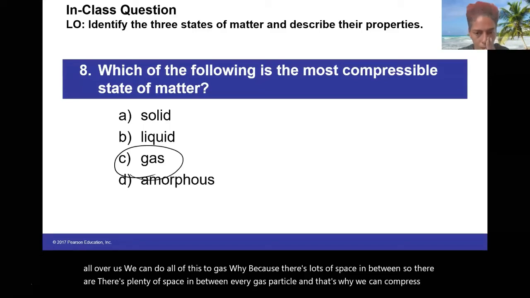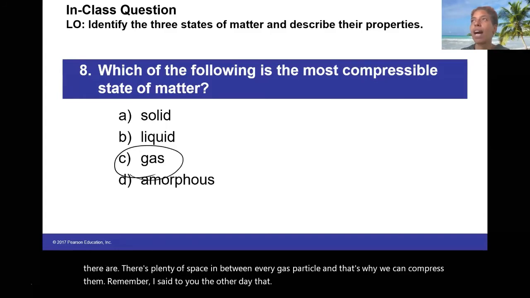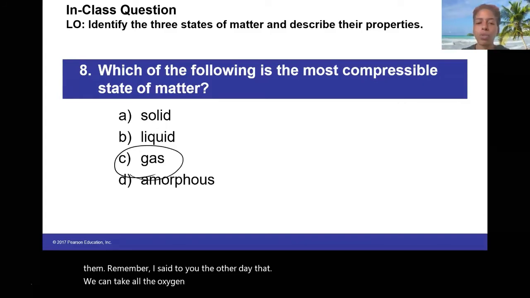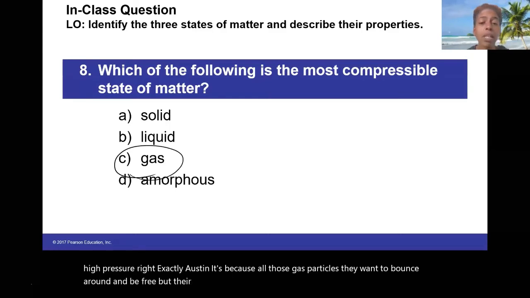Remember, I said to you the other day that we can take all the oxygen in a room and put it into a gas cylinder. That's why it's always labeled high pressure, right? Exactly, Austin. All those gas particles want to bounce around and be free, but they end up being a liquid inside the gas cylinder.